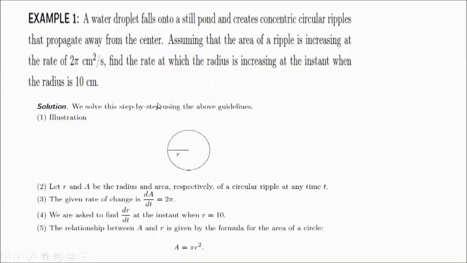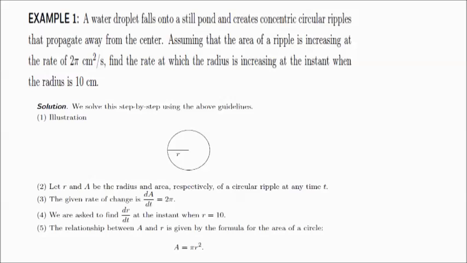So first example natin. A water droplet falls onto a still pond and creates concentric circular ripples that propagate away from the center. Di ba kapag naglagay ka ng bato sa water, like kunwari sa batya, magkakaroon ng circular ripples?